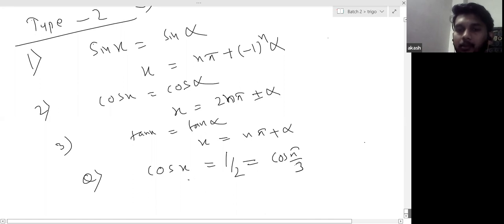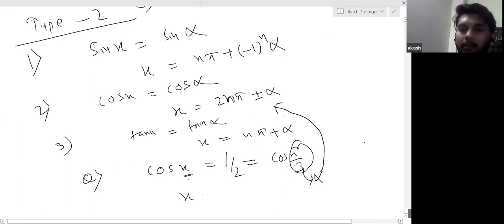Now this is x, and this angle is alpha. Just put the value in here. So x will be equal to 2n pi plus minus alpha. Alpha is pi by 3. This is your answer.